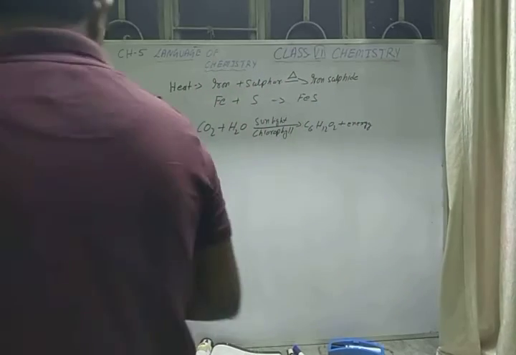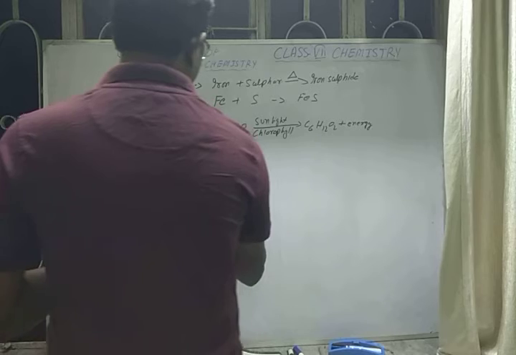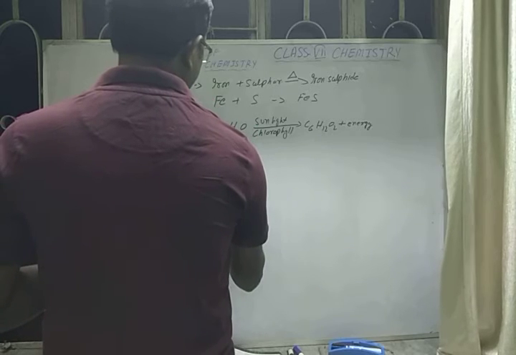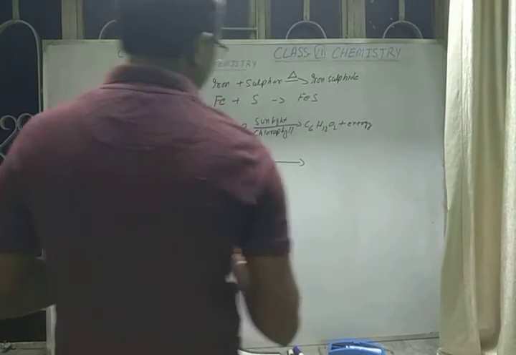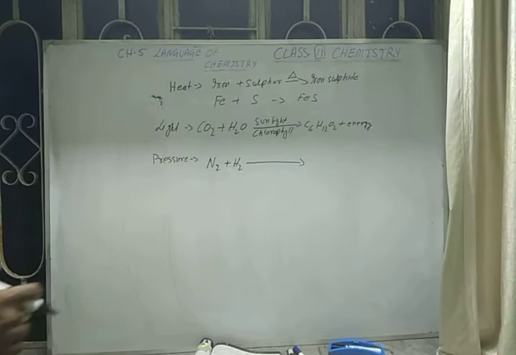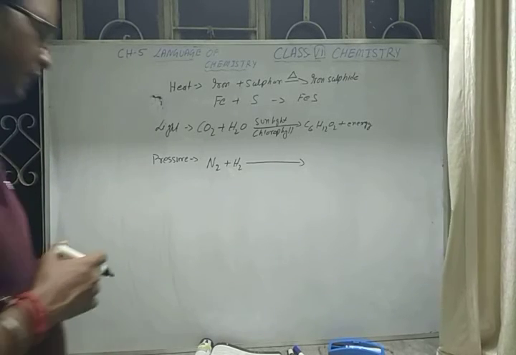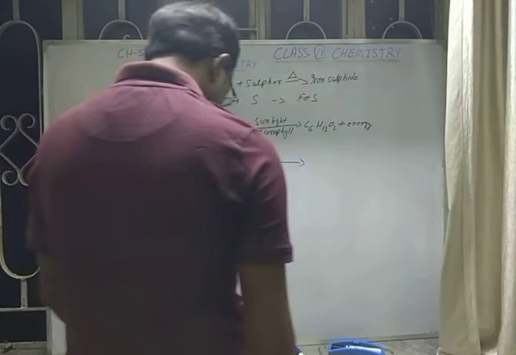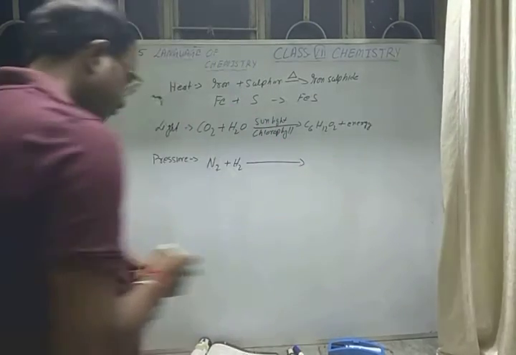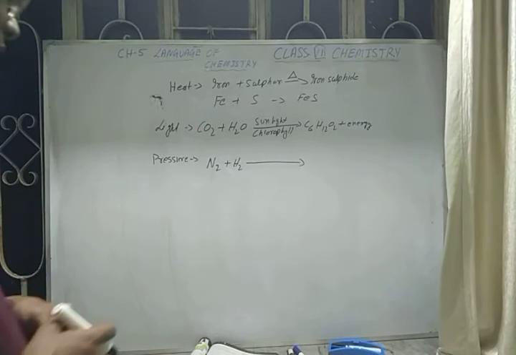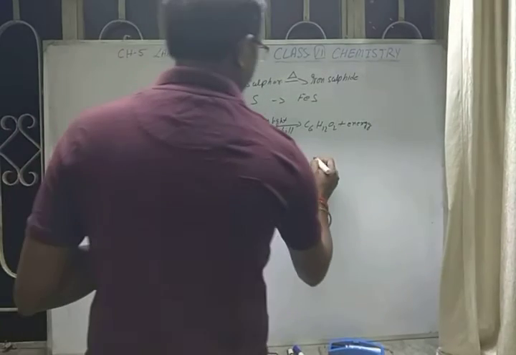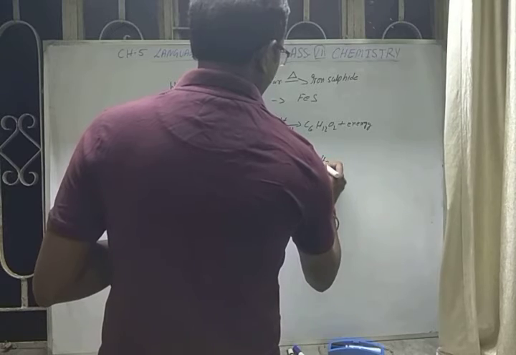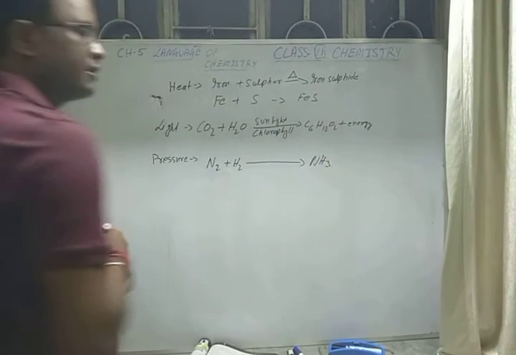Suppose you take an example of nitrogen N2 plus H2. When nitrogen reacts with hydrogen, you know what it will give. It will give you ammonia, NH3. Okay, what condition is required?